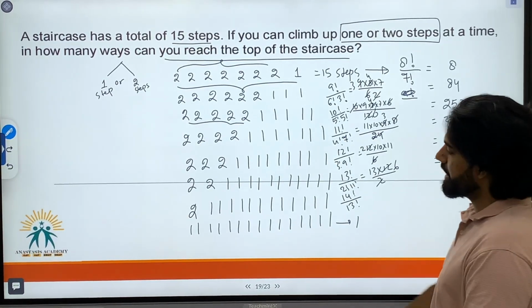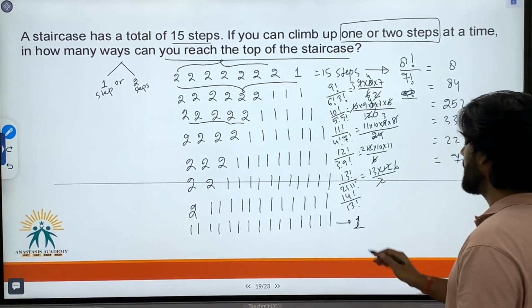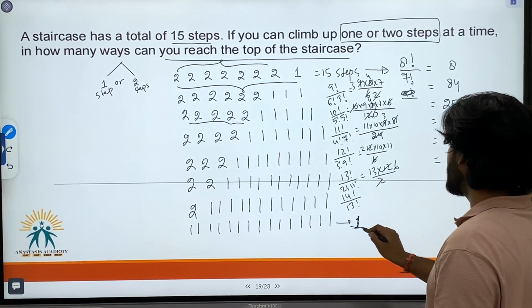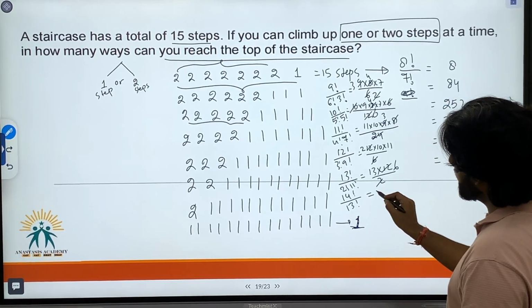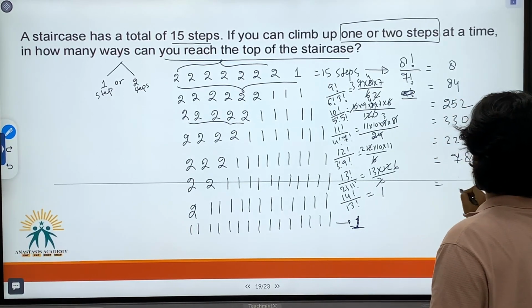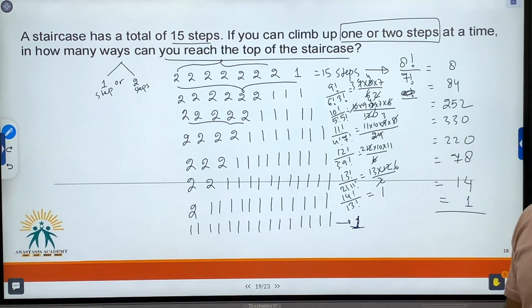To reach 15 steps, I am taking one step. So there is only one way to reach the top in this manner, right? So 14 factorial upon 13 factorial would be 14. It is 1. So we have to add these number of ways.